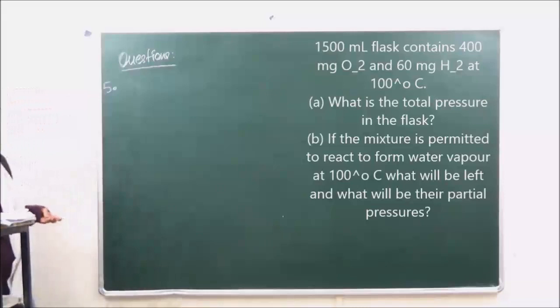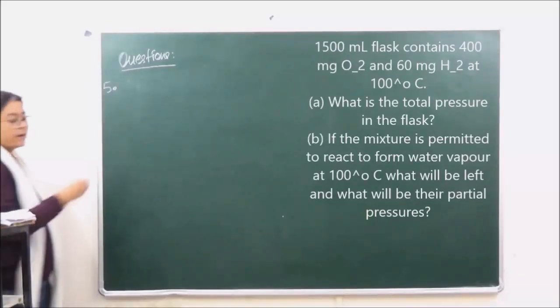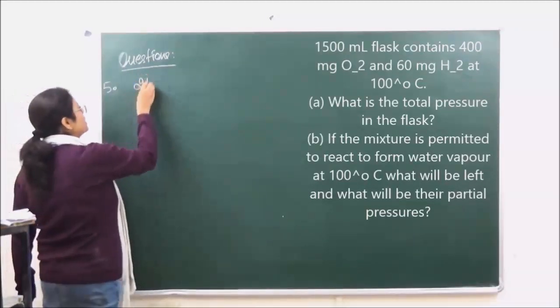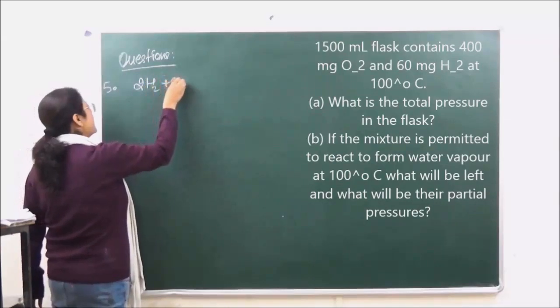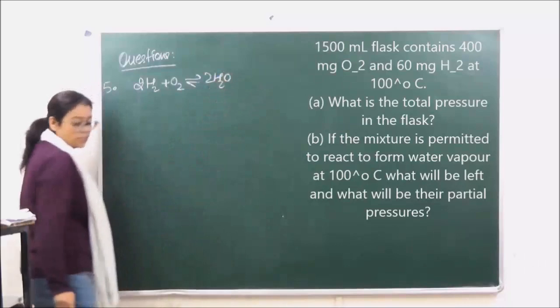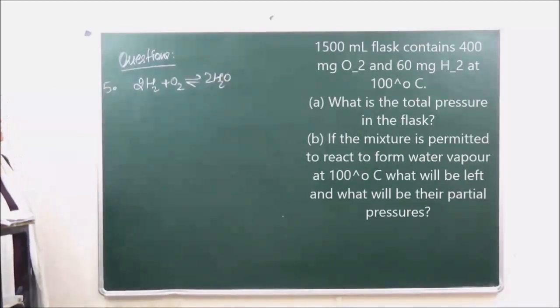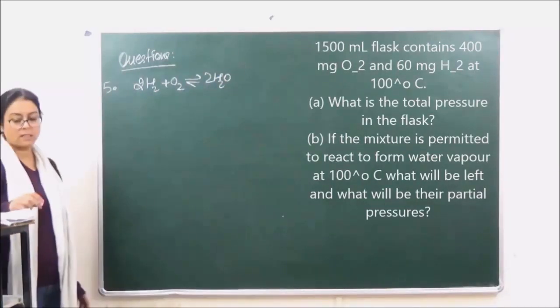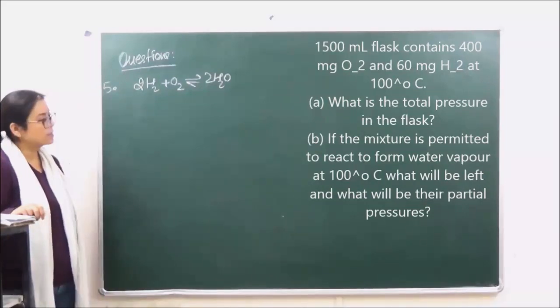Let's go on to the B part of this. According to the equation, the reaction which is taking place should be 2H2 plus O2 to give us 2H2O, right?